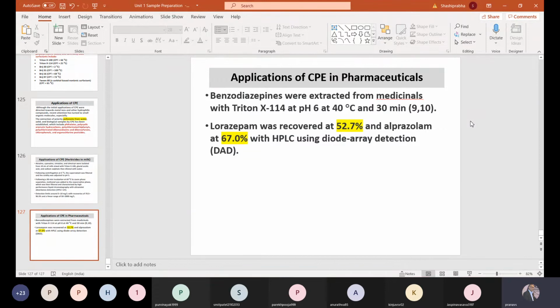So this was all about the different sample preparation techniques which I wanted to share or discuss with you in this unit 1 in semester 2. So if you have any questions related to any of these techniques, I'll be sharing this presentation tomorrow to all of you, so you can have a look at the presentation, and I'll be sharing in due course the MCQs which we have been preparing.